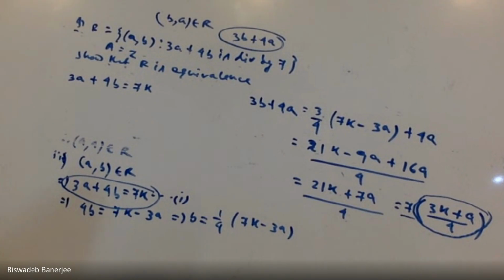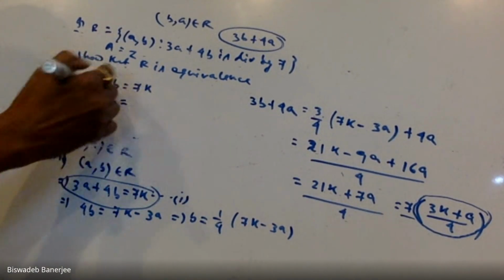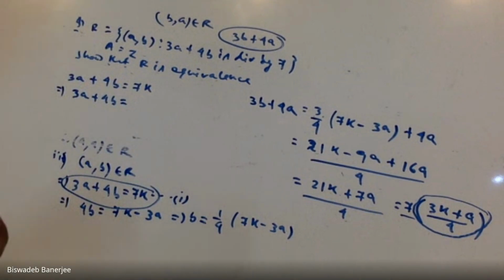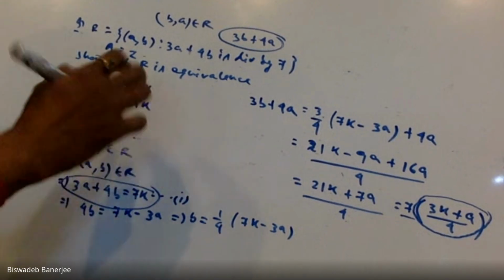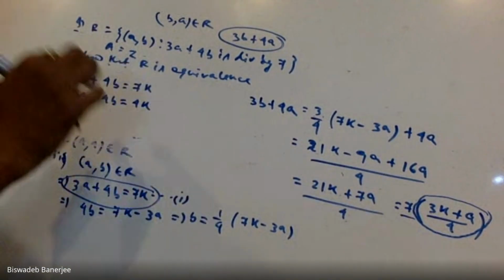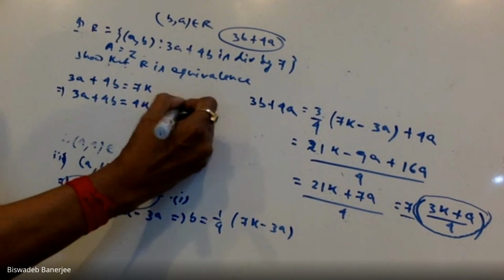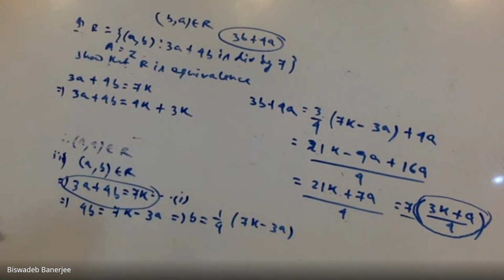So we split 3a plus 4b equal to 7k into two parts. One part is 4k because you have to check whether it is divisible by 4 or not. That is why I'm writing 7k like 4k plus 3k. 7k is equal to 4k plus 3k.